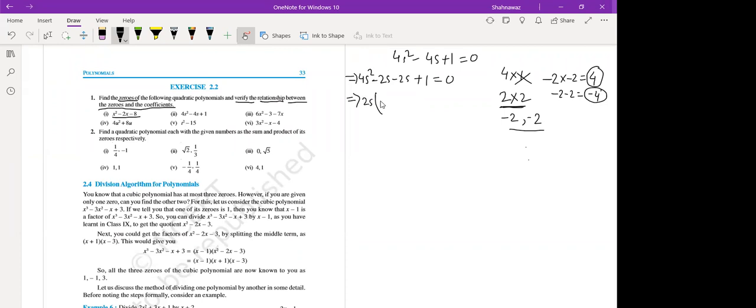So this is 2s and this is minus, and these are in the positive values, so we'll have to take a minus 1 common. So this will be 2s minus 1 and 2s minus 1, right? So this is 2s.